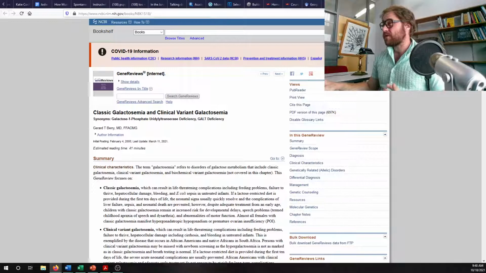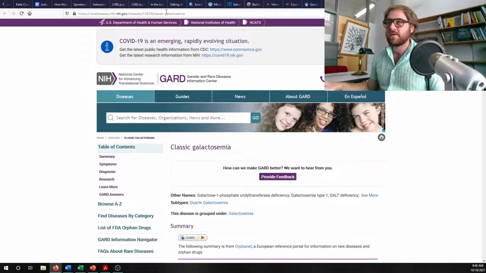If you can't find anything like this, which you should be able to find for almost every disorder, but a few may not have anything like this, then you can use a webpage like this. Make sure it's from a government agency, the CDC, the National Institutes of Health, something like that.